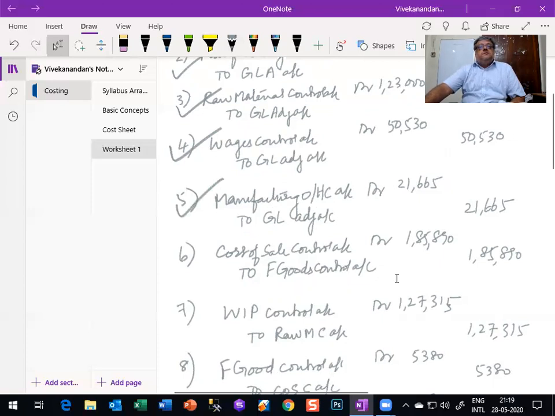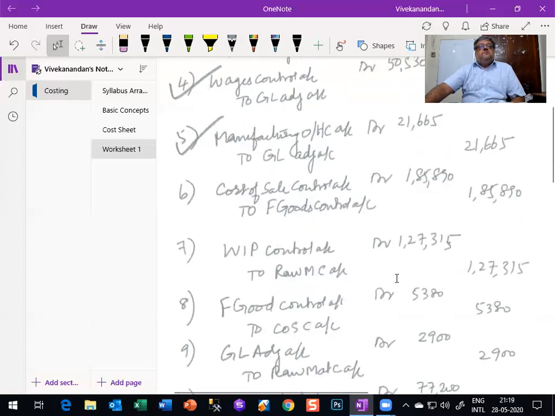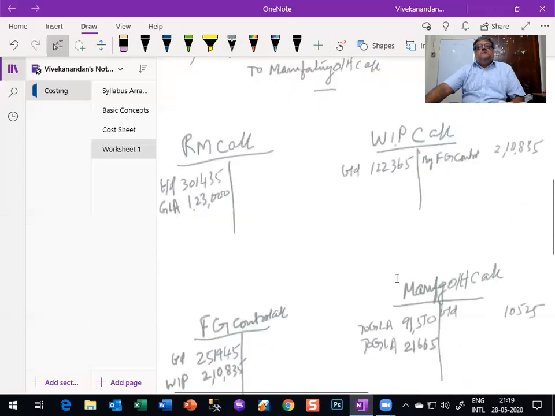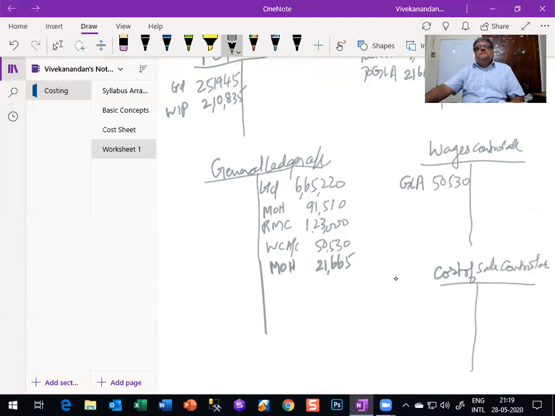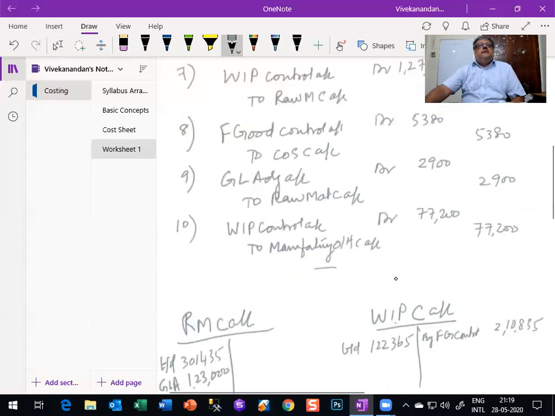So next is cost of sales to finished goods control account. Do you have a cost of sale account? You don't, so let's put a cost of sale control account. What is the entry?